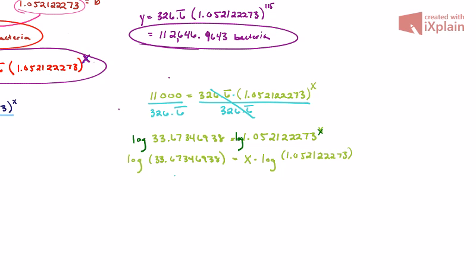Now we want to get x alone. So x is being multiplied with this entire logarithm. Note that the value you're working with is this entire logarithmic expression, not just the number on the inside. So I'm going to divide both sides by this log to get x alone.